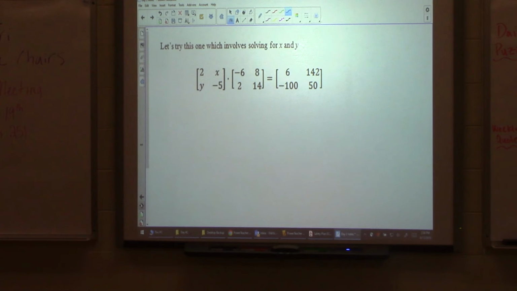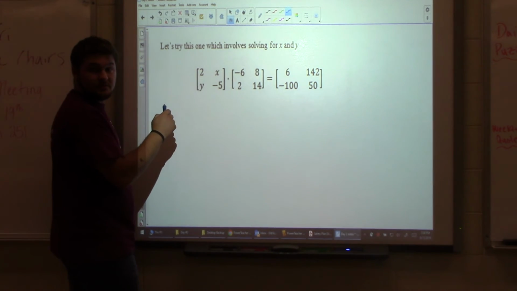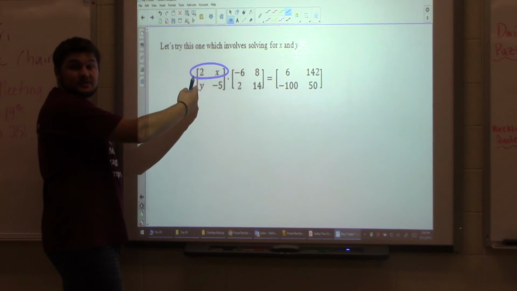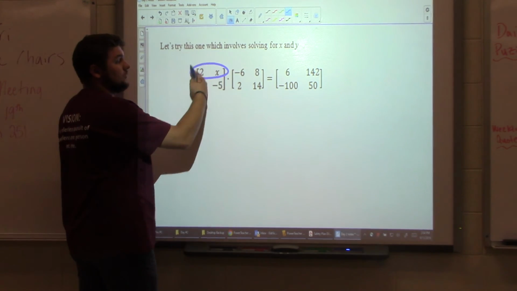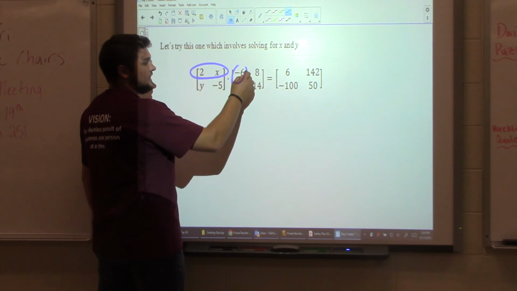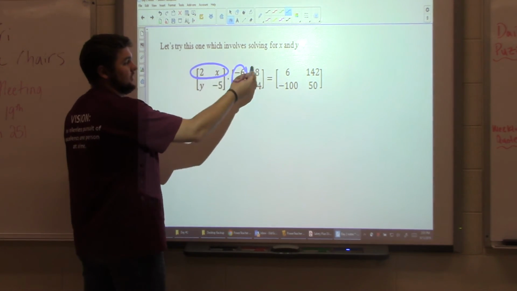Line up a row and a column and solve for them. So you'd take a row, the 2 and x. We know we have to take a row from our first matrix, so let's take the row with x in it. And then negative 6 and 2. Could I use 8 and 14? Yeah, I could use either column here.